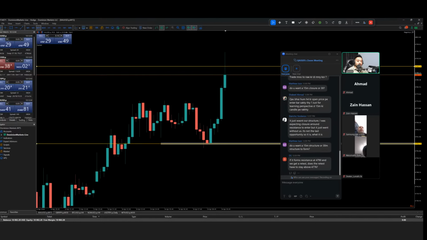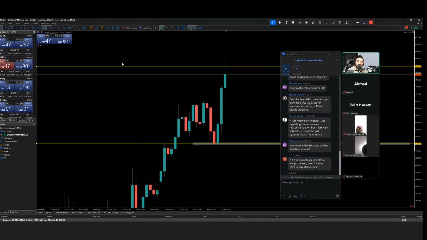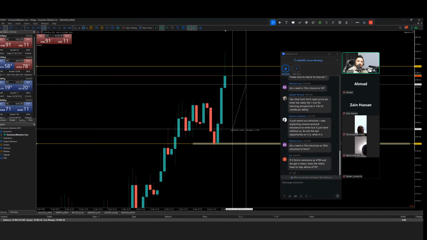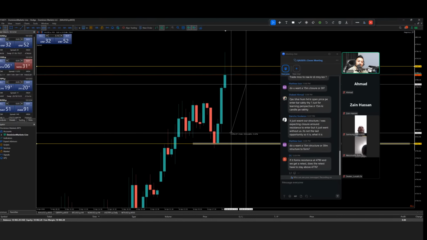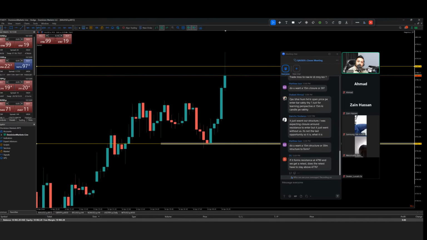If I only stick with the 30-minute in this situation, I might get a bigger stop loss. Suppose you wanted to execute somewhere here and place your stop loss below the previous 30-minute. Look at this one, it's going to give you a 200 pip stop loss. So in this situation, I need to look at the 50-minute time frame.